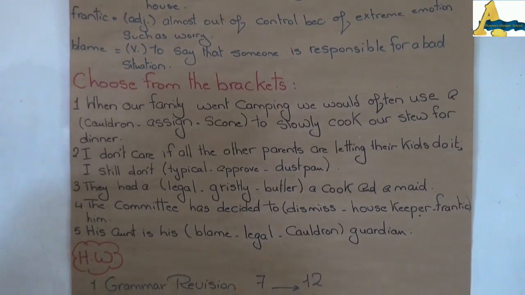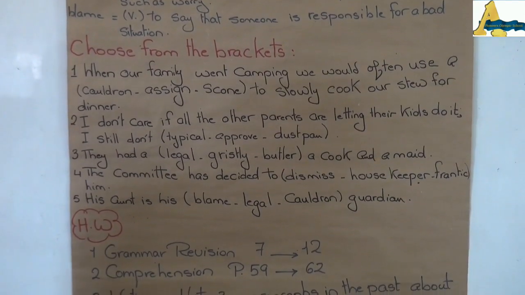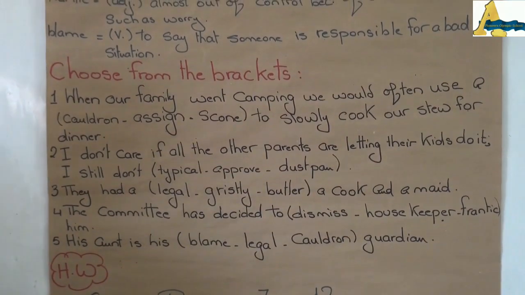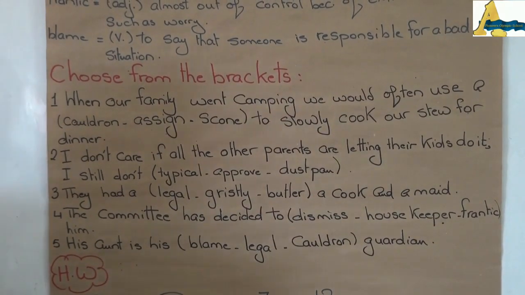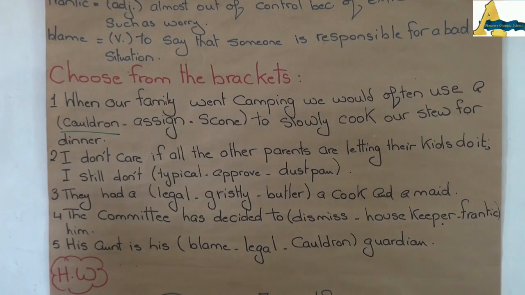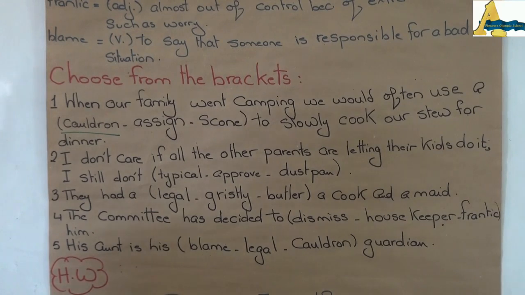When our family went camping, we would often use a cauldron to slowly cook our stew for dinner. Stew means soup, so we use a cauldron. It's like a pot. I don't care if all the other parents are letting their kids do it. I don't approve, agree.